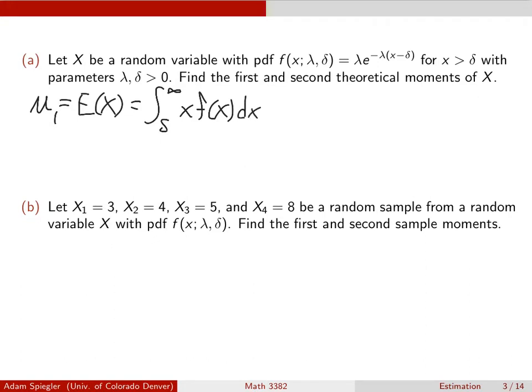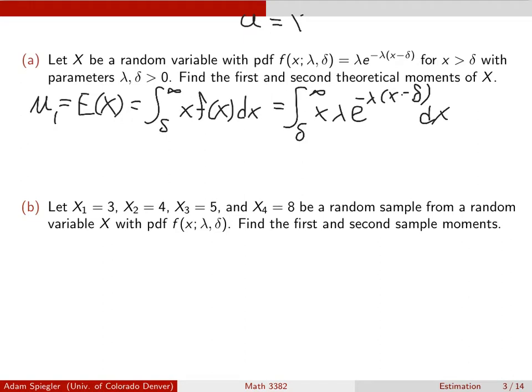And so the delta comes from the fact that our domain is x is bigger than delta. So we're going to integrate from delta up to infinity x times lambda e to the minus lambda (x minus delta). So that was our given PDF function. So we would need to evaluate this, and here the variable is x, and we're treating the parameters as constants.